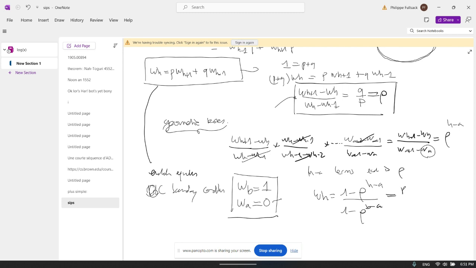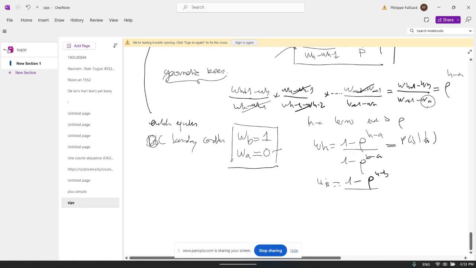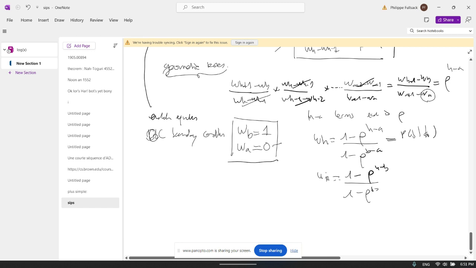And again, this is the probability of B given that you start at H. Similarly, you can write that UH is 1 minus rho H minus B, over 1 minus rho B minus A. And this is the probability of this.